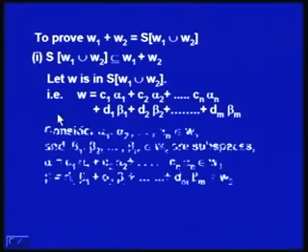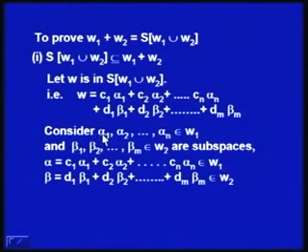The idea is that alpha 1, alpha 2, up to alpha n belong to W1 and the remaining vectors beta 1, beta 2, up to beta m belong to W2, because they are from the set W1 union W2.